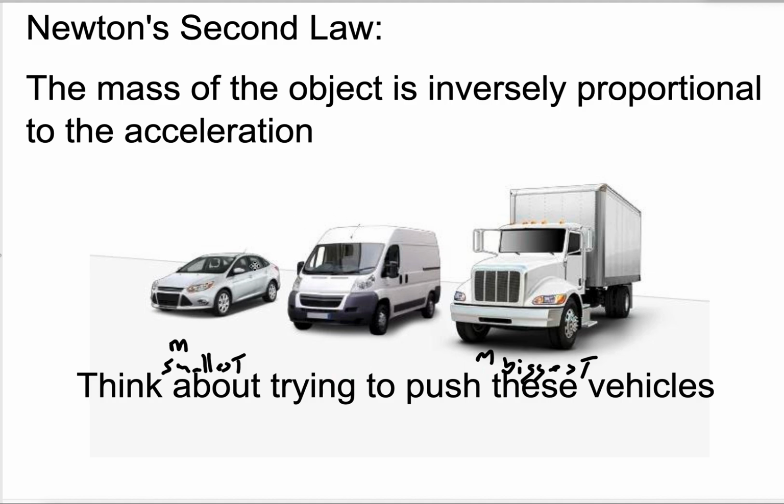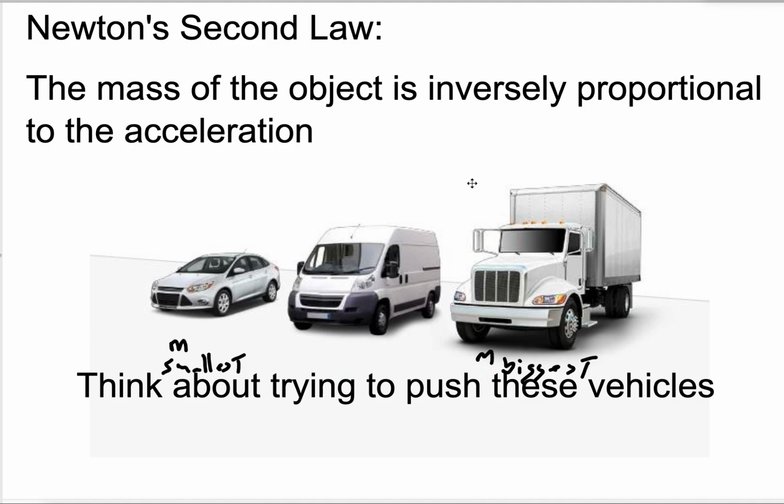So our muscles are our muscles. They can provide the same force, but this car will be able to accelerate at a higher rate. This car will accelerate at a lower rate because it's bigger, the van. And this box truck, we actually may not even be able to accelerate it because we may not be able to produce a net force bigger than 0, right?